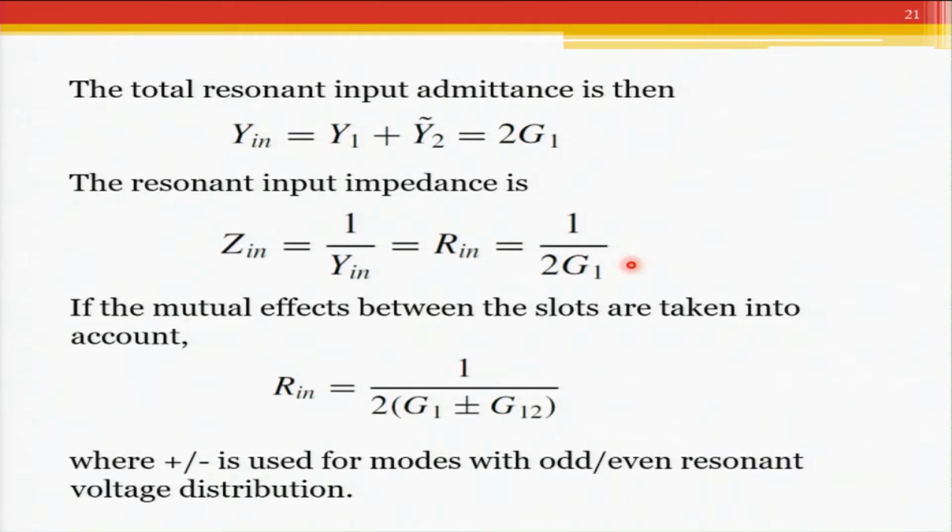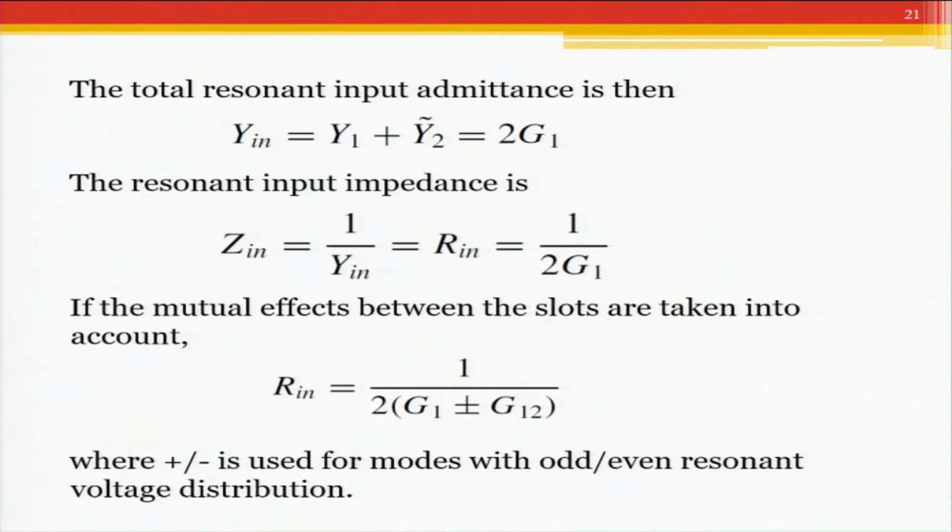It is unavoidable to have mutual effect between the slots in reality, but in theory, such as in practice problems, I will just take this mutual effect away. But in reality, there will be mutual effect between the slots. So this Rin here will be transformed again.